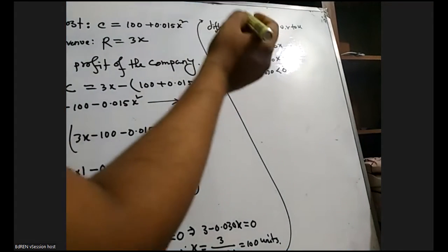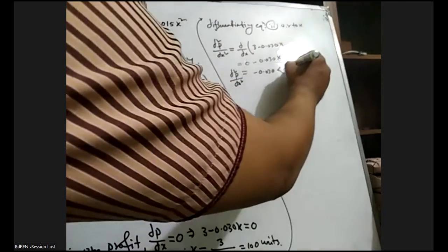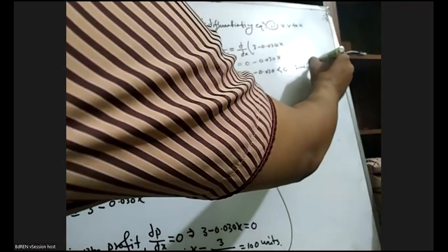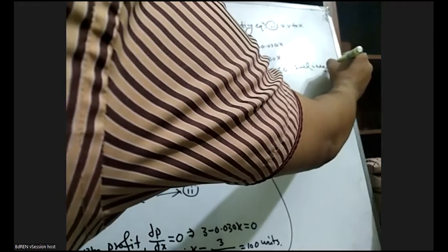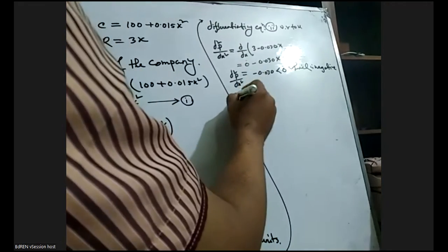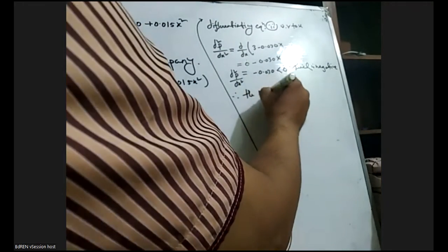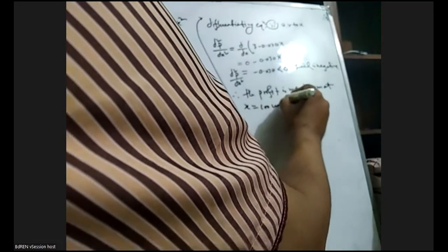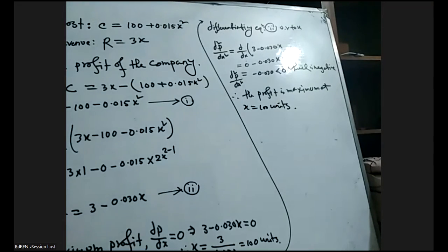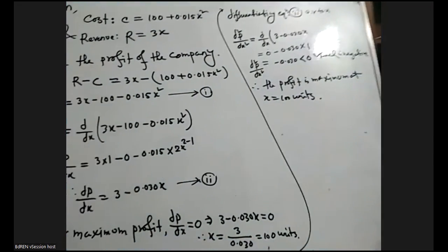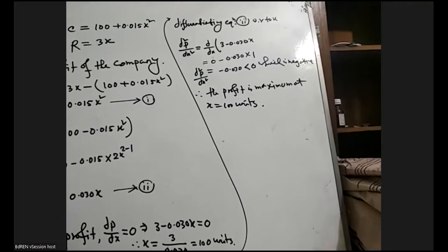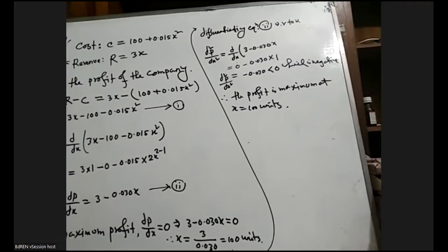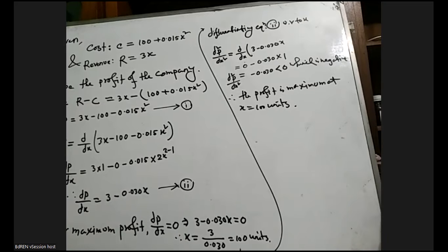So since which is negative, therefore, the profit is maximum at what? At x equals 100 units.